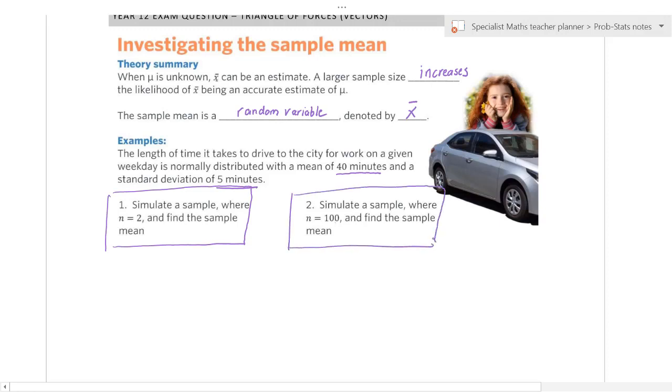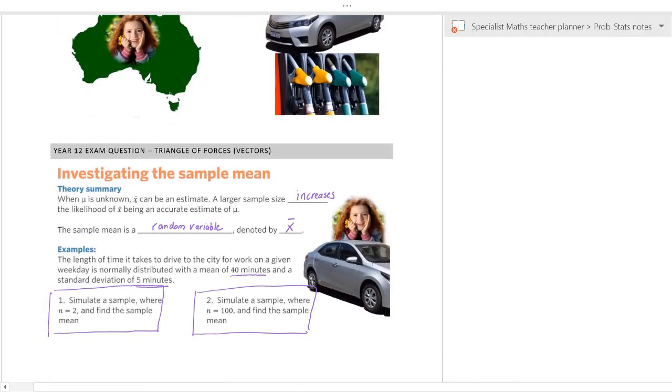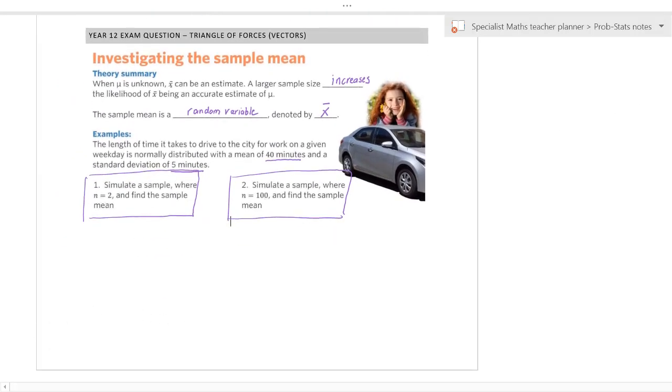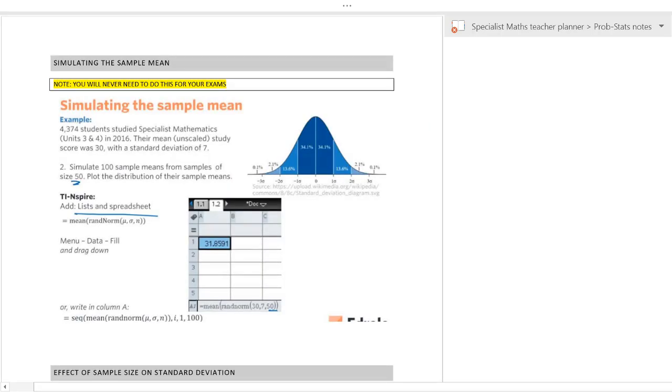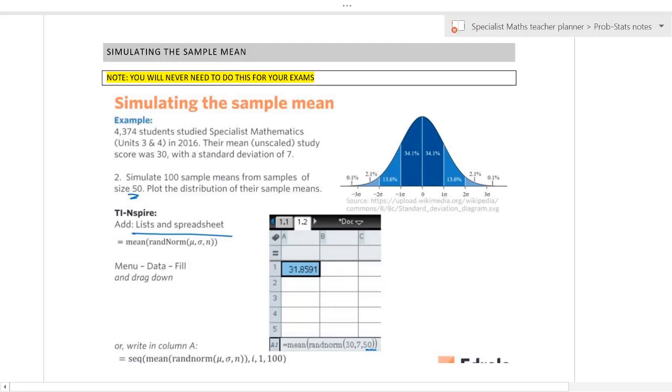But I can just say that if I wanted to do a sample, I can do a number of things. We can do a table, and over here would probably be the best thing. To simulate the sample mean, for example here, there are around 4,374 students that studied specialist maths. Simulate 100 sample means from samples of size 50.